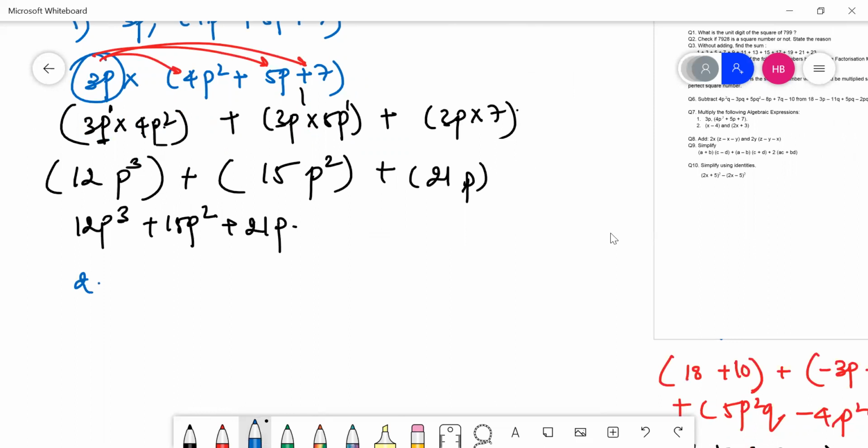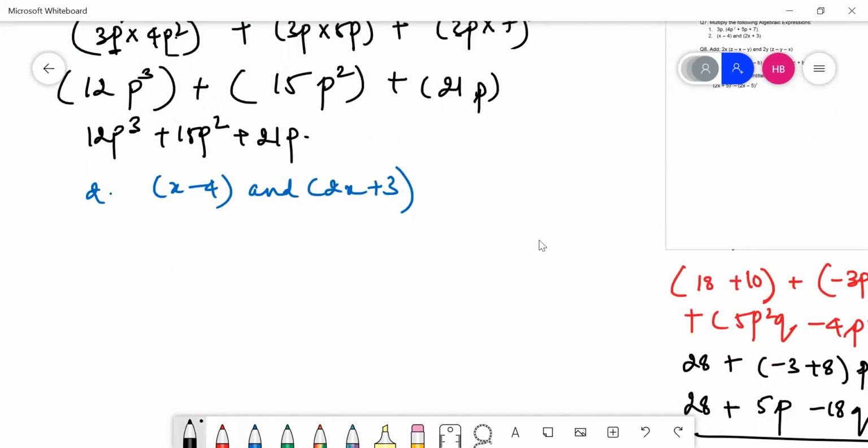I have to multiply x minus 4 and 2x plus 3, right? Okay. So how we are going to do this? If I have to multiply a binomial with a binomial, what we will do?